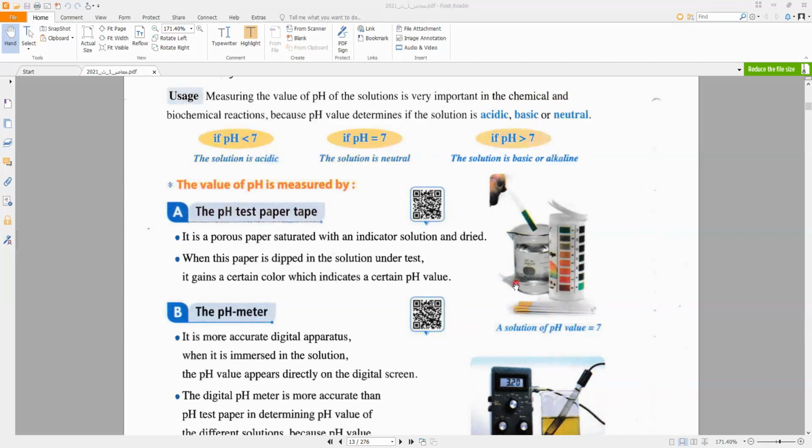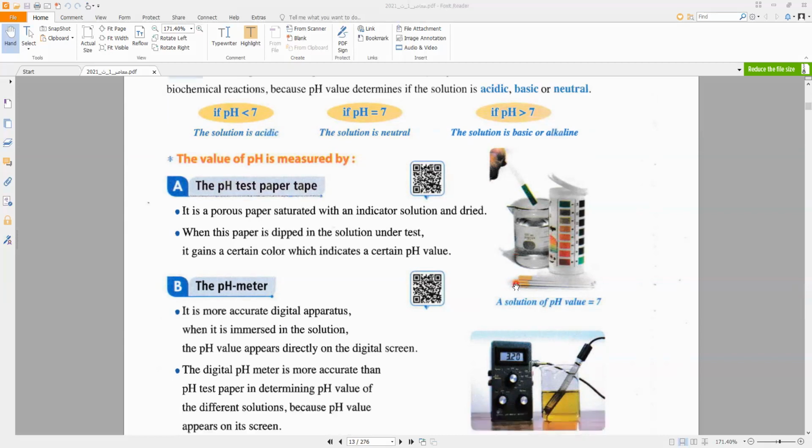But it doesn't give an accurate reading. If the bottom part changes into green, the green may be 7, 7.2, 7.3, 7.4, so the reading is not accurate.